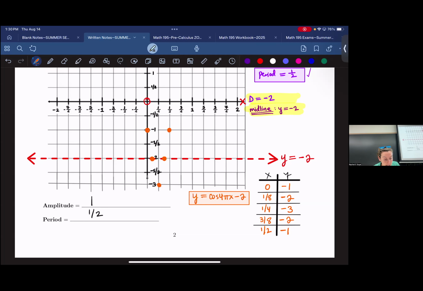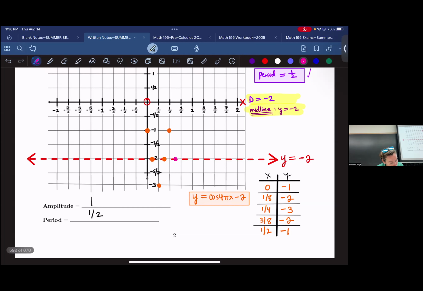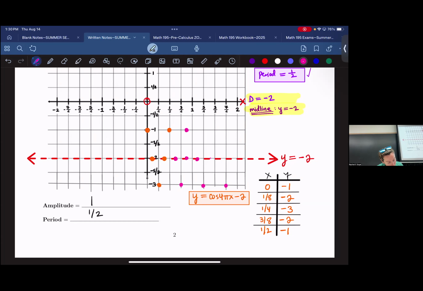So we can just add in our additional dots based off of just the placement of our previous ones. You don't have to really do any calculations anymore. And you also don't have to do all of these dots, but I'm just doing it so you can really see it.